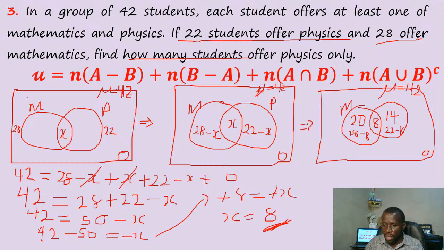We can see now that we have already done everything inside the circles. If you don't do it inside the circles, it's very difficult. Oh, I didn't put P for physics in that one. Sorry, I just wrote M. Someone thought it was supposed to equal 0 because the 0 is outside.